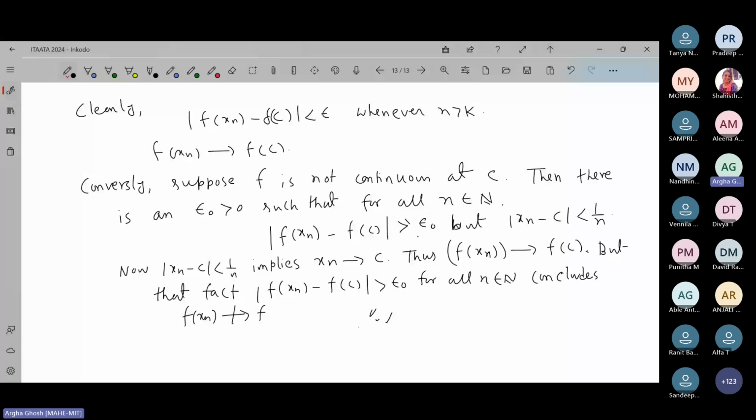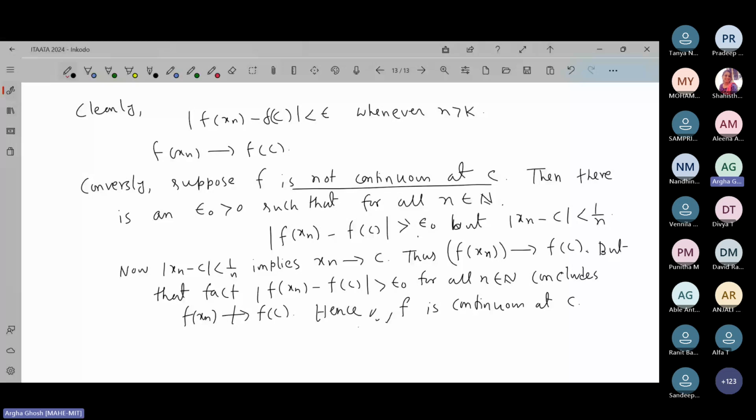So we get a contradictory statement. Why do we get the contradictory statement? Because we assumed that f is not continuous at c. So this assumption is not tenable. Hence f is continuous at c.